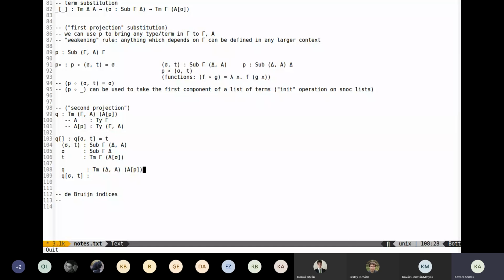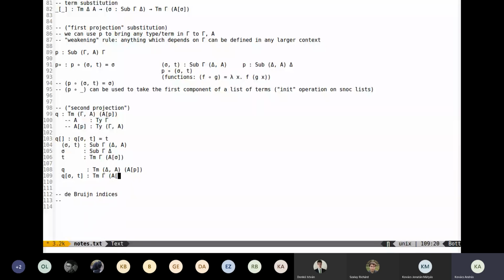Okay, so Q is a term in delta A, and if you substitute it, then it becomes a term in gamma with type.